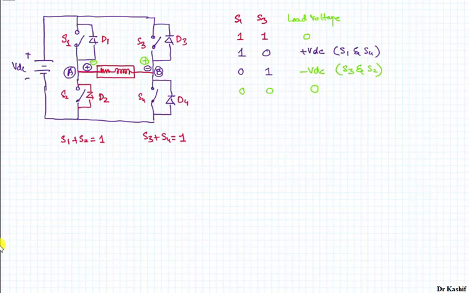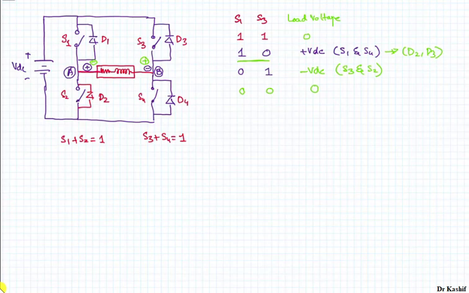Before going towards the waveforms, one more thing: if your current is positive in this switching state 1 0, then your switches S1 and S4 will be conducting, and if the current is negative, then your diodes will be conducting. Diode 2 and diode 3 will be conducting for the negative current.